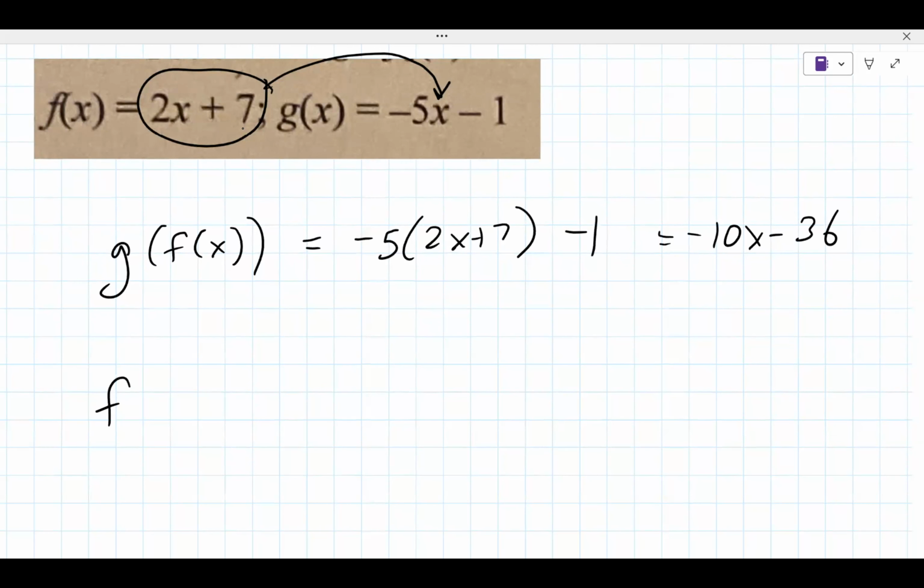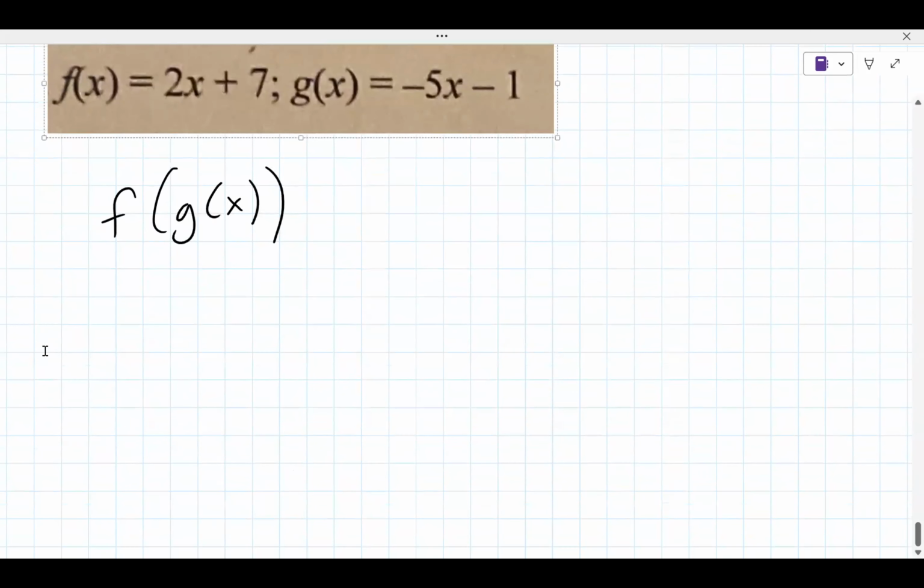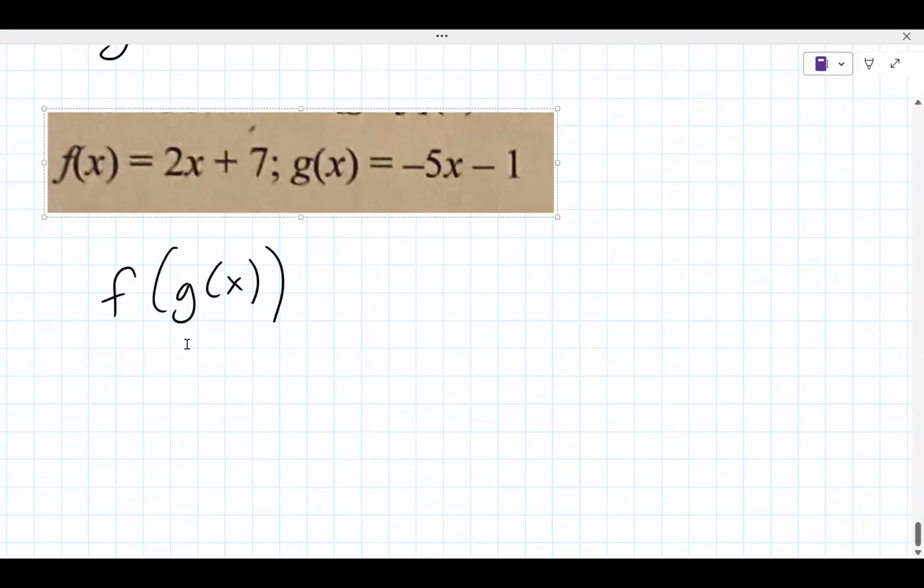Okay, now let's go the other way. F of g of x. If you need to, maybe I should grab this and reset the problem. So now you're going the other way, right?